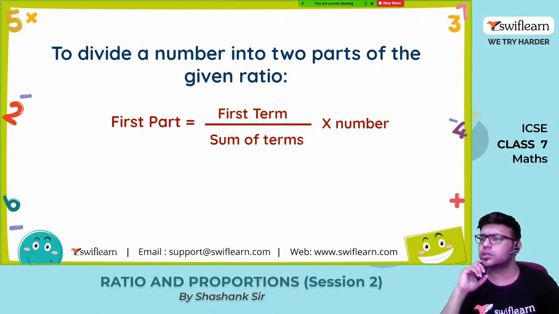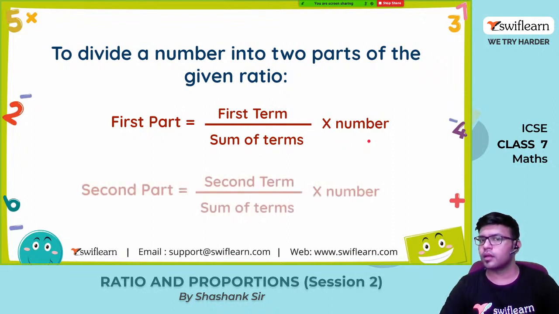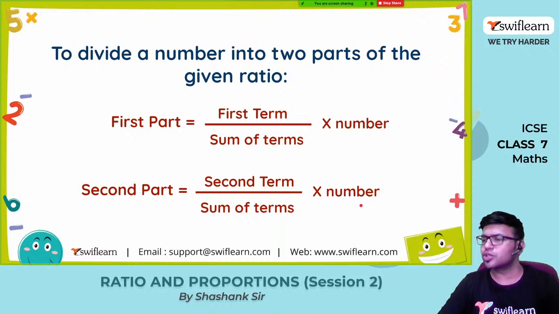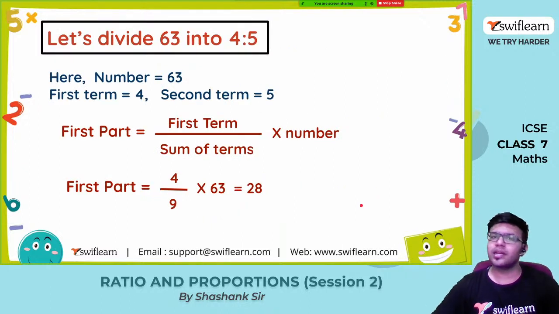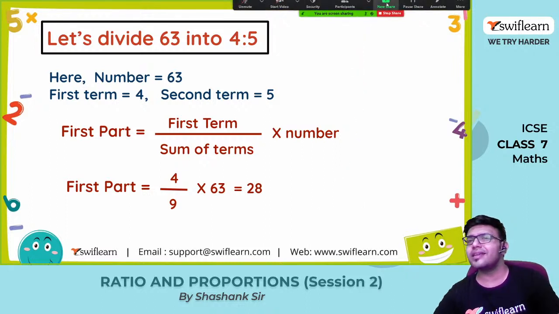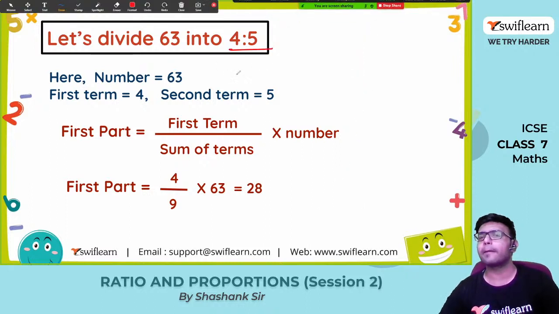How to do this? The first part is given by the first term by the sum of terms into the number. The second part is the second term by the sum of terms into the number. You can write this formula, and how to use it in solving problems we will discuss very soon.